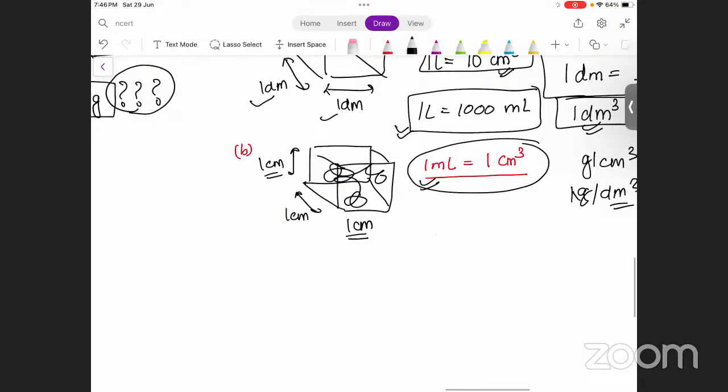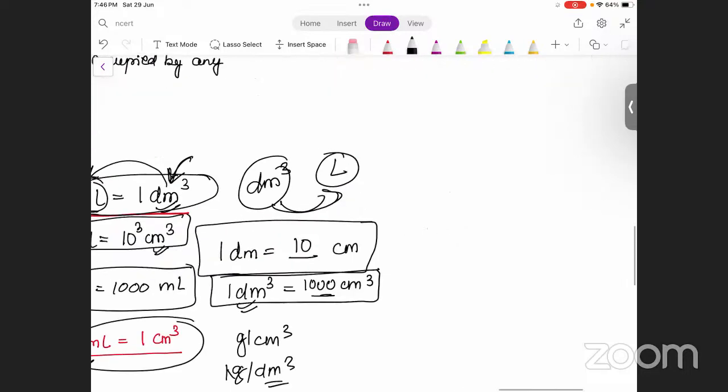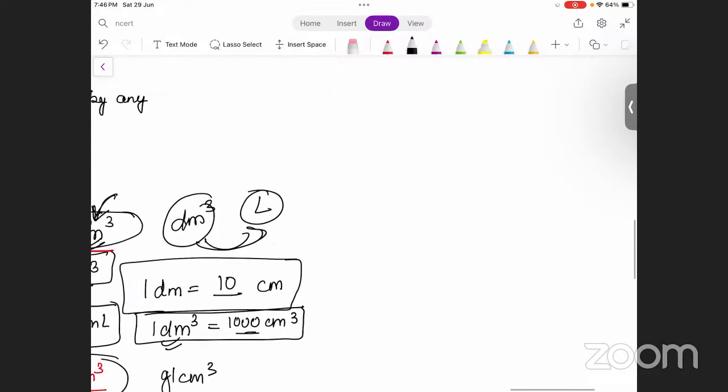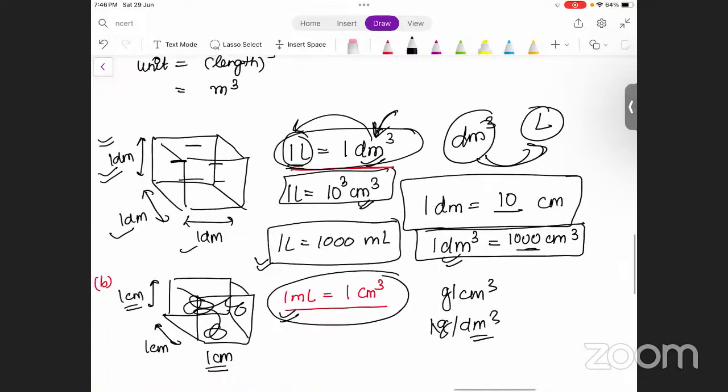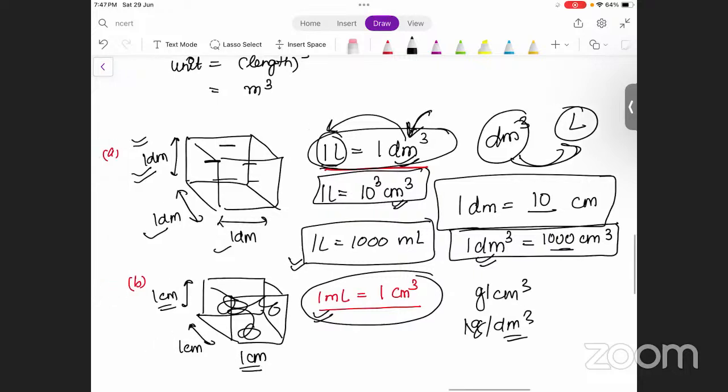So now, after looking at the volume, the next thing that we have to see is density. So nobody is replying. Have you understood this volume and the conversion of units? You have to remember it in the form of the cube.